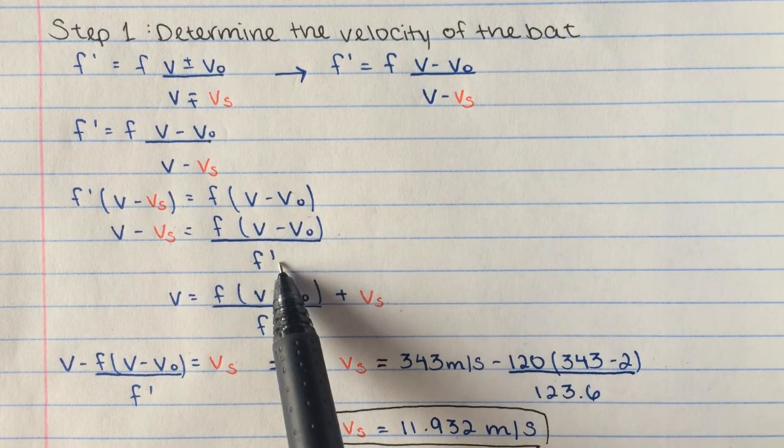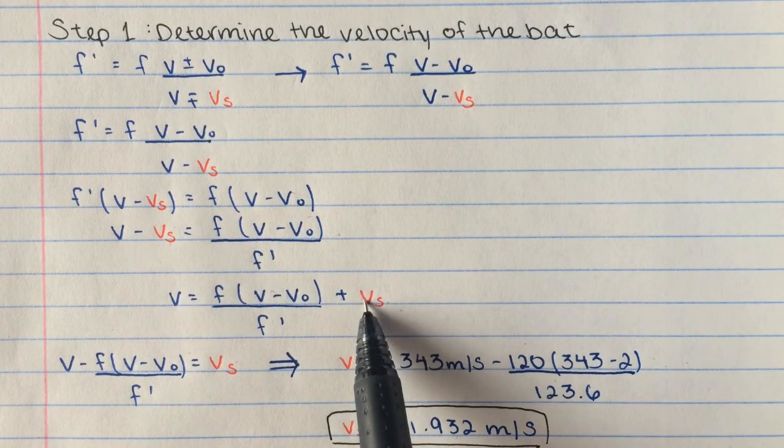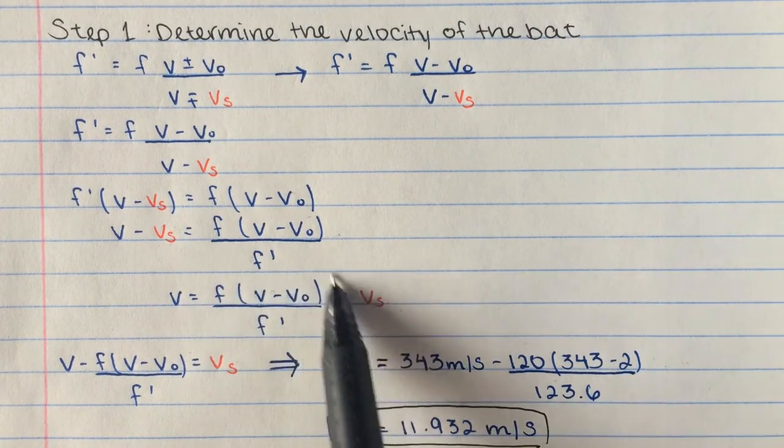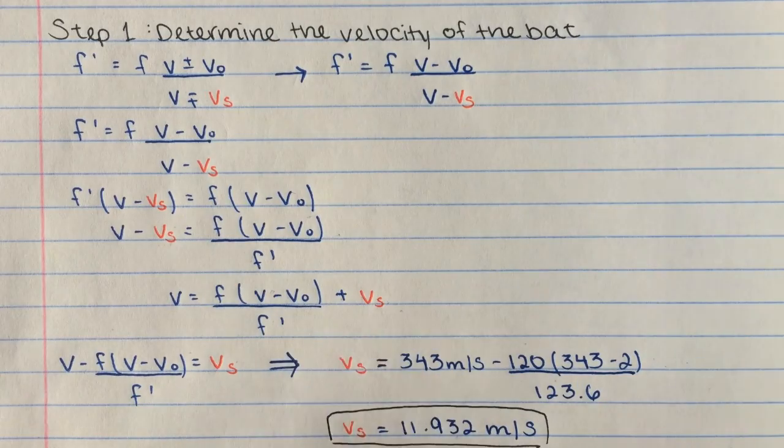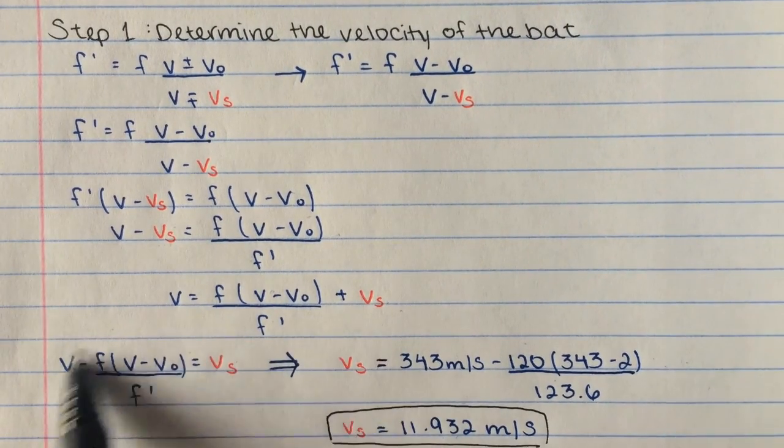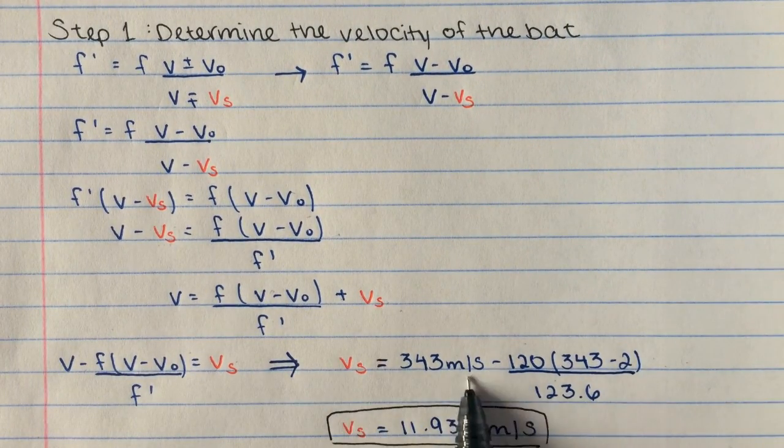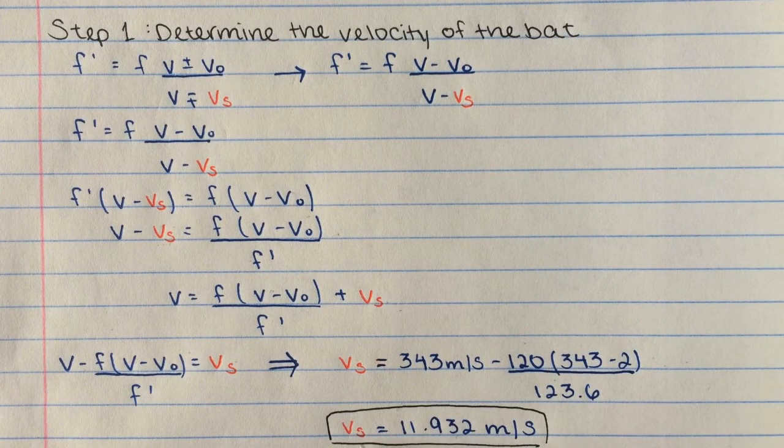Then I added Vs to the right side and subtracted this right here. This was my final equation, and I plugged in all the known values to get a velocity of 11.932 meters per second for the bat.